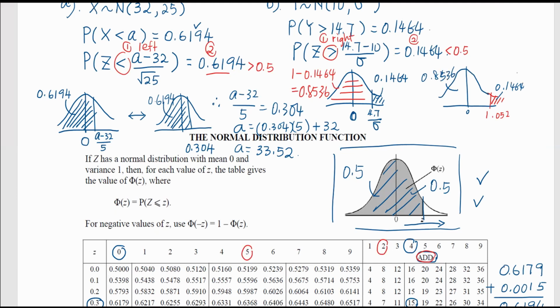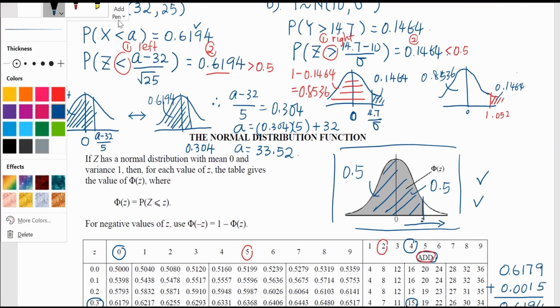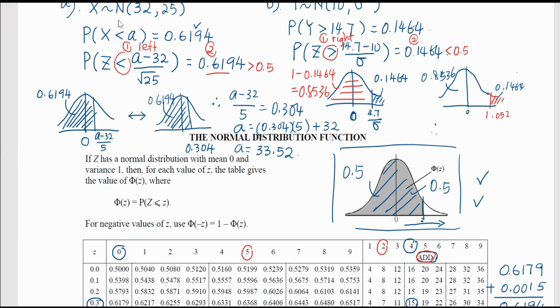Okay, then hence 4.7 over sigma must be equal to 1.052. And that is how we get the sigma value. Taking 4.7 divided by 1.052, we get 4.4676. So we round off to 3 significant figures, 4.47.